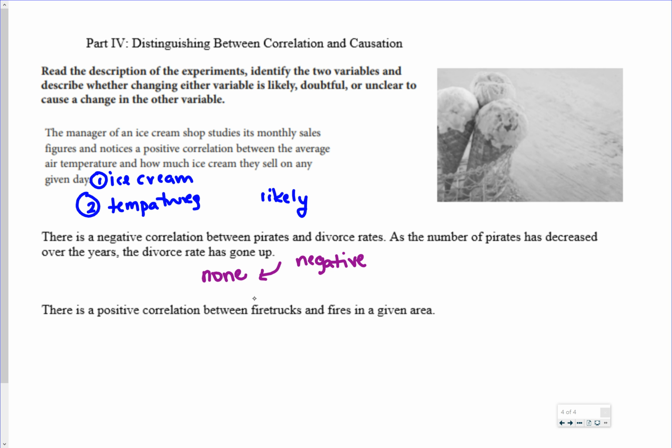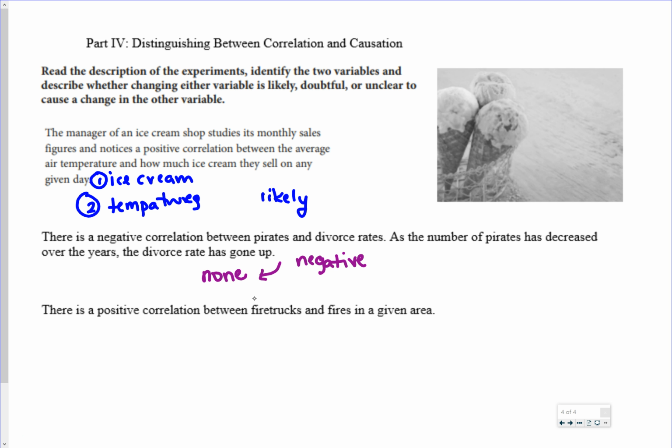And the last one says there's a positive correlation between fire trucks and fires. So as the number of fire trucks being purchased at fire stations goes up, the number of fires is going up. So I think there's two things going on here. It could be that as fire trucks increase, there are more fires in the area. That's what that's saying, right? If there's more fires, we need more fire trucks. Now, I don't know what's causing the fires.